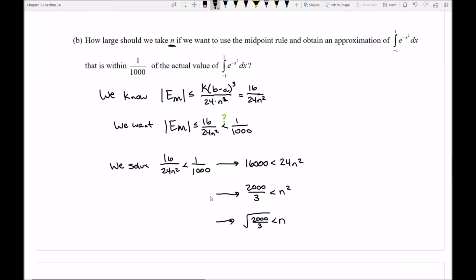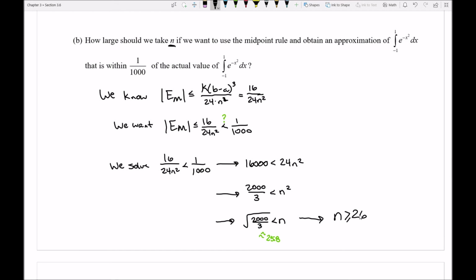Well, this seems to then imply that n would need to be bigger than 26, since again, this value is about 25.8. Here, though, I don't just have to say bigger, I could say bigger than or equal to.